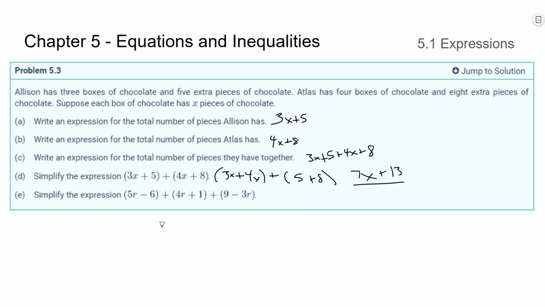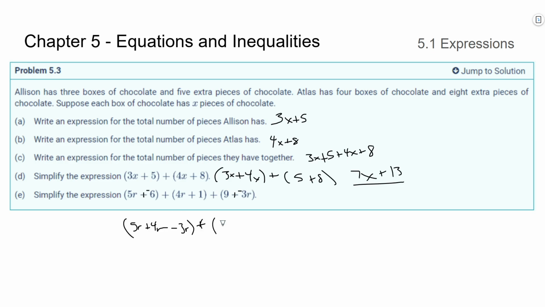Okay, so now we'll simplify this expression. Again, we can go ahead and regroup. Actually, first, let's convert this to addition to make sure that we're not forgetting to bring negative signs along with us. Now everything is addition, so everything is associative. So now we can regroup. Let's say 5r plus 4r minus 3r, because we brought the negative sign along with us.